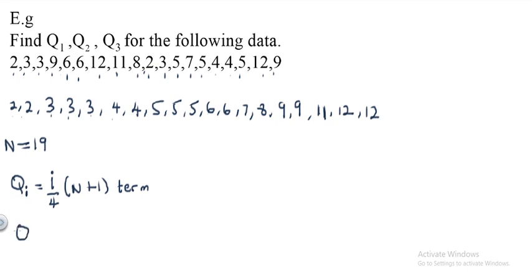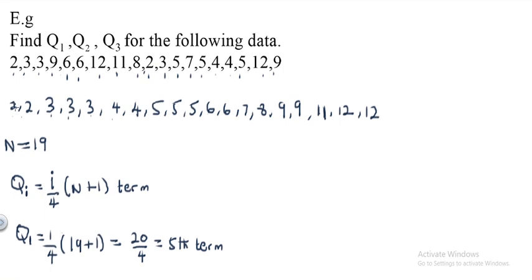That means Q1 is equal to 1 over 4, where the i here is the same as the i there. Remember our total number of values is 19, so it will be 19 plus 1, which is 20 over 4. 20 over 4 is the fifth term. So our first quartile is placed in the fifth term.